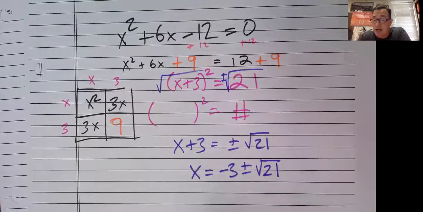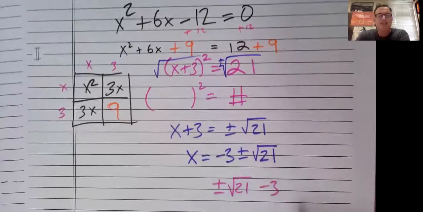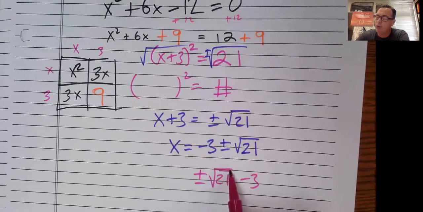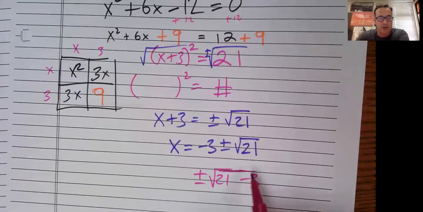And so somebody asked if they could write the square root of 21 minus 3. The one thing that I wouldn't want to do is the reason why I generally tend to not do that. If I do the positive negative square root of 21 minus 3, some of you guys have what I'm going to call a strong hand with your square root. The more that I write this, the closer and closer that gets to covering this up and not knowing whether that 3 is underneath or not.